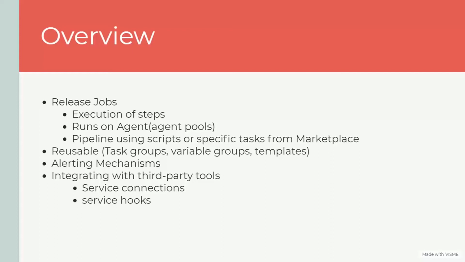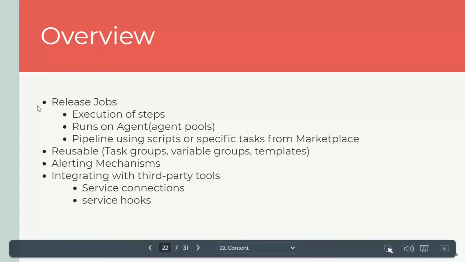In those kinds of scenarios we can use the service hooks. Another example is whenever the build is successfully completed, you want to post a message in a Slack channel, so that everyone in your team is aware that the build has completed, and the testing team can start testing on it. Okay, so this is the overview.